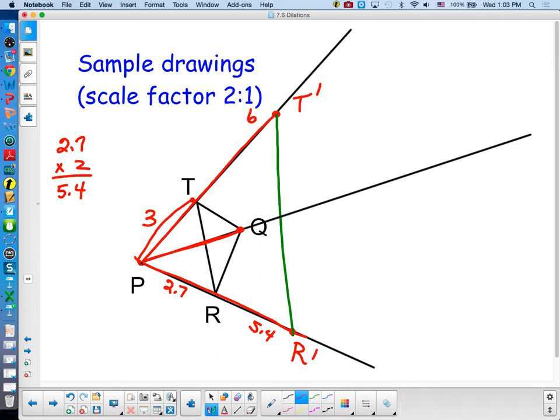That is 4 centimeters. Okay, so 4 times 2, 8. So now with the ruler, mark out where 8 is. That's point Q prime. So finish making your triangle, connect Q prime and T prime. Connect R prime and Q prime. You should have a triangle that's bigger than the one you started with, but looks like it's the same shape.